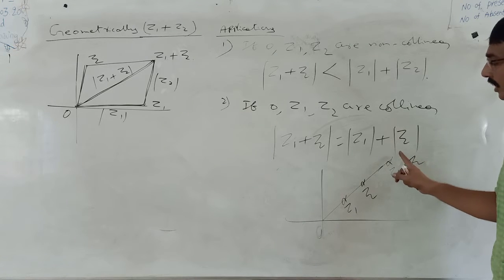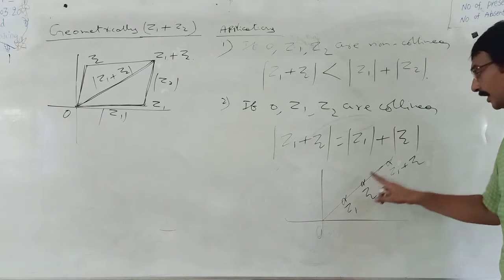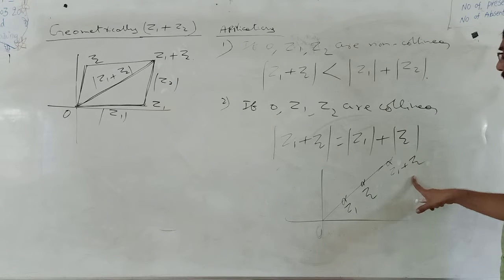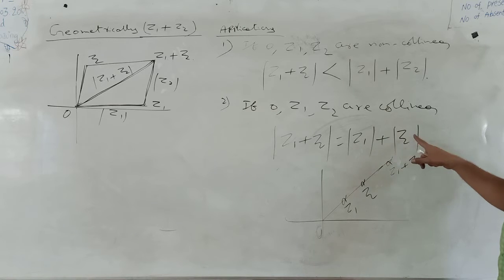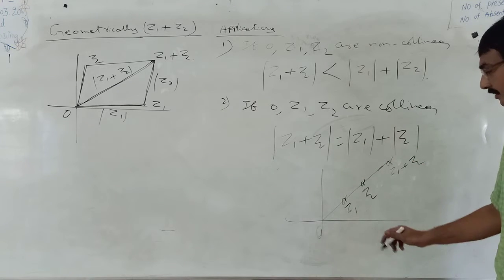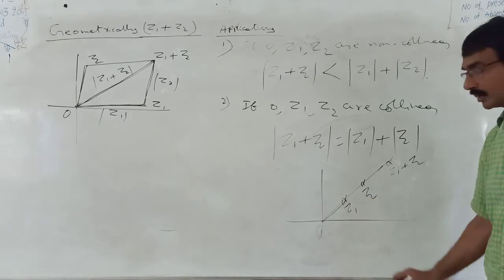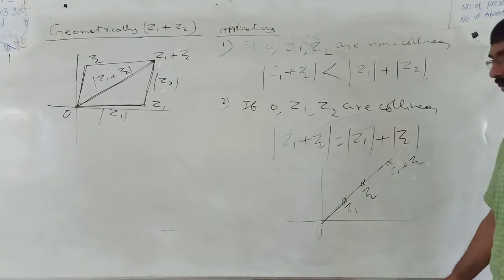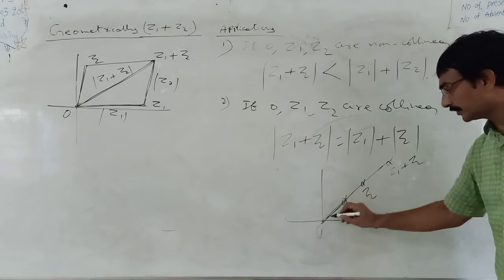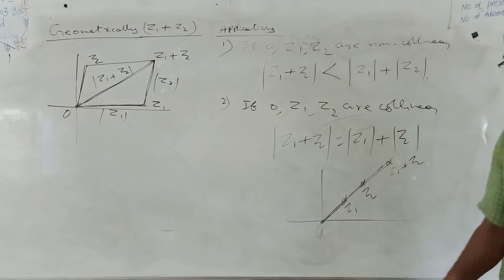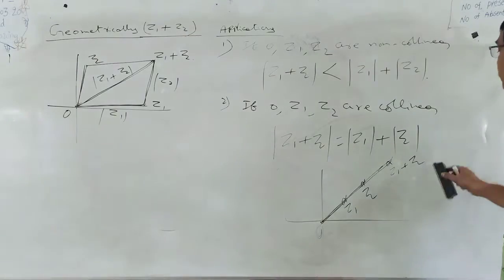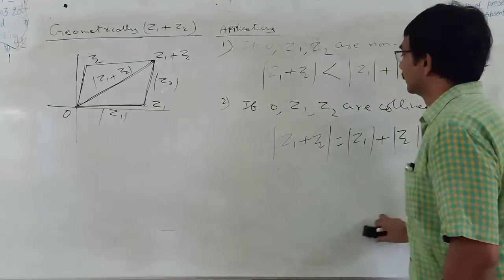So that one also lies on the same line, and this is at a distance of mod Z1 plus mod Z2 from origin. This gap is mod Z1, this gap is mod Z2. The sum of these two gaps equals the modulus of Z1 plus Z2. Right. So remember this one by heart.